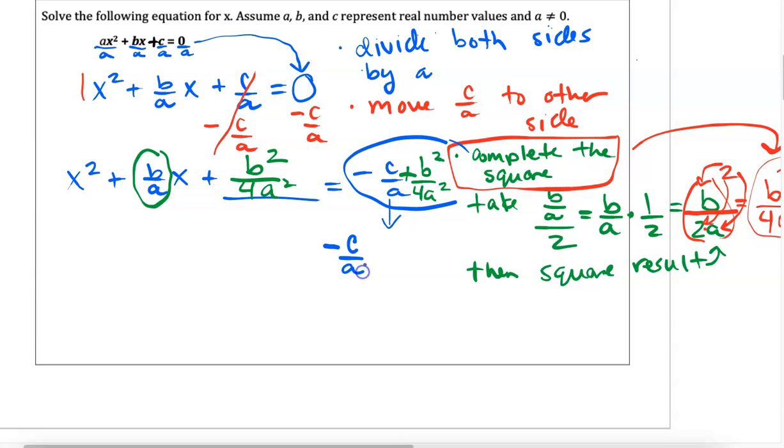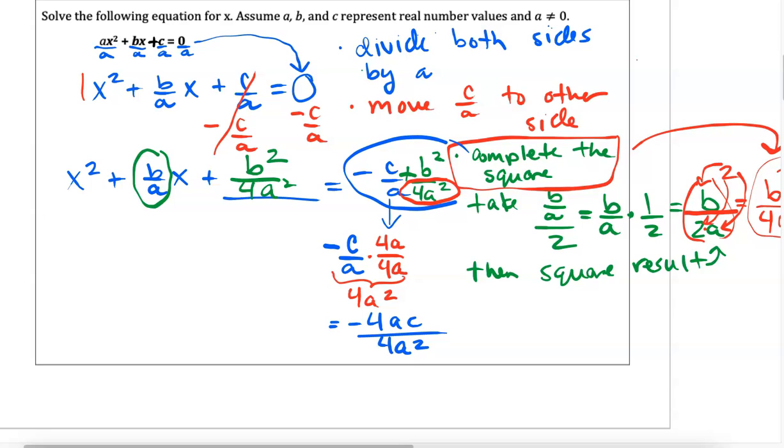So the negative c over a, I'm going to need to multiply by 4a over 4a, because then that will give me a 4a squared in the denominator, which is what the other fraction had in its denominator, which will allow me to then add them together. So then the negative c over a, when I multiply it by 4a over 4a, gives me negative 4ac over 4a squared.